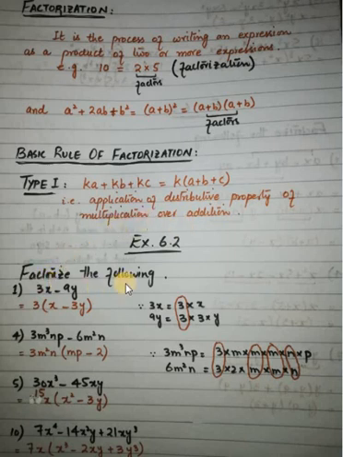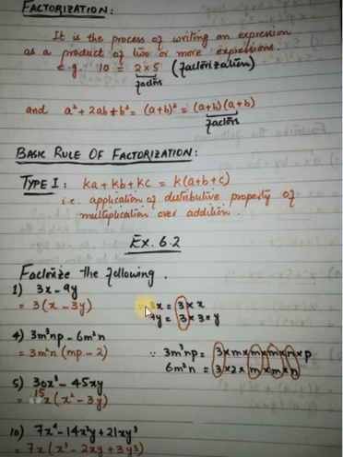The question is: factorize the following. Question number 1 is 3x minus 9y. Now what is the process of taking common? Look at the first term, 3x. 3x can be written as 3 multiplied by x. The second term is 9y. It can be written as a product like 3 multiplied by 3 multiplied by y.